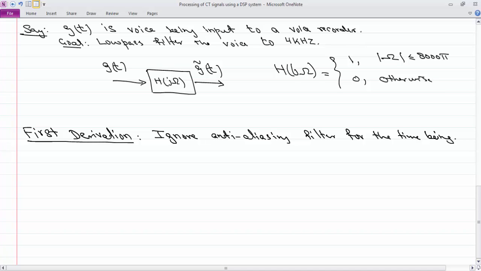This is because we know when we need the anti-aliasing filter. It is when we cannot guarantee that our input signal is fully band limited. So let's, for the time being, ignore that part.